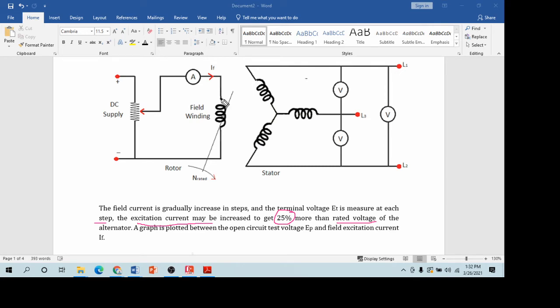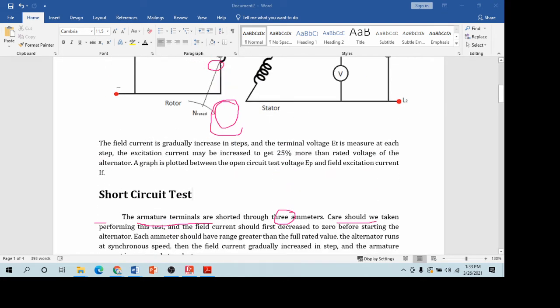You control IF so that the magnetic flux also varies, and so the output of the alternator will also vary.